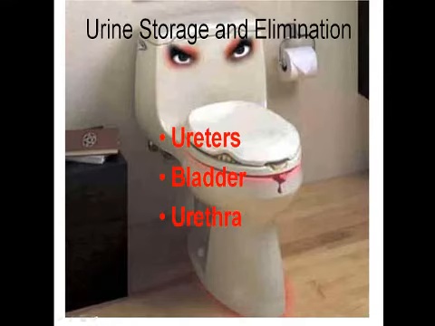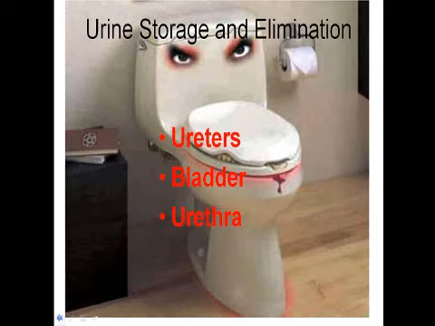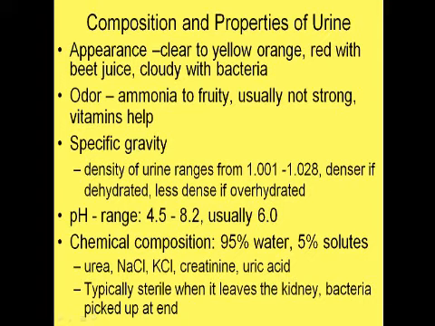Okay, now, how do we get rid of urine? Urine storage and elimination. Composition and properties of urine. Normally, the urine appears clear to yellow, yellowy orange, amber colored. It could be red if you eat beets.